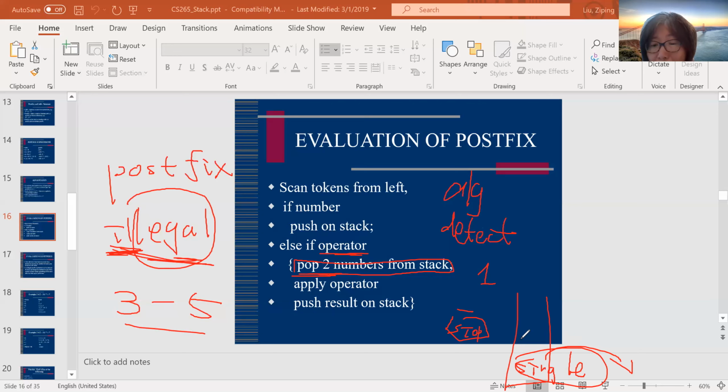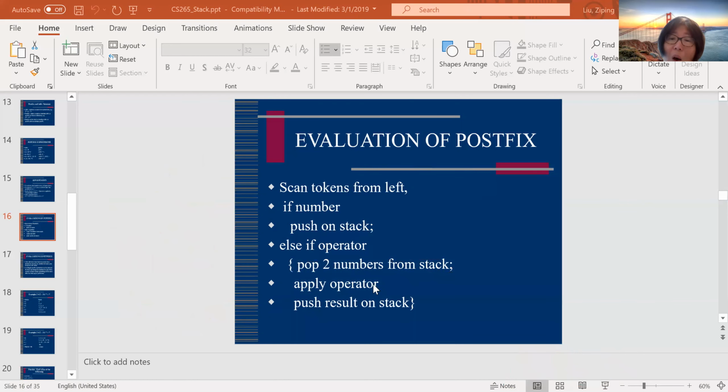If you have two numbers, for example 33 and 3, then that means your expression is illegal. Or when you reach the end, you don't have anything, your stack is empty. That also means your postfix expression is illegal.